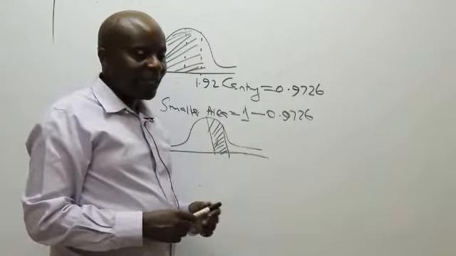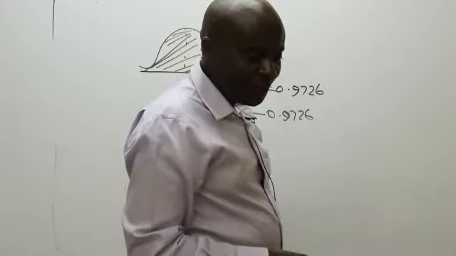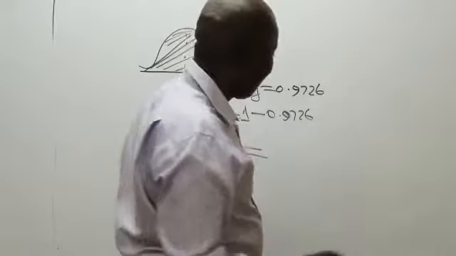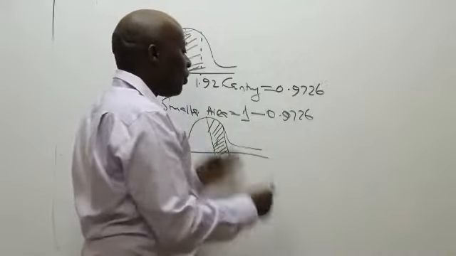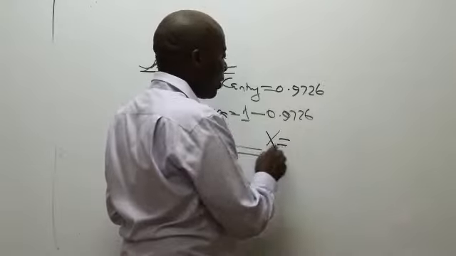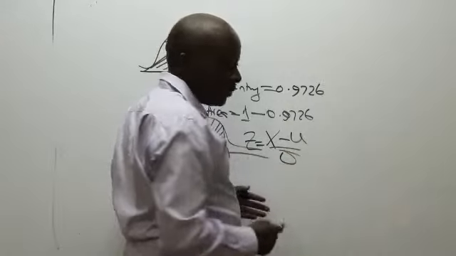And if that is the case, I would want to go to something different. When do we use X bar, and when do you use mu? Remember, this one is the normal probability computation. In the normal probability computation, we normally talk of Z being equal to X minus mu divided by standard deviation.